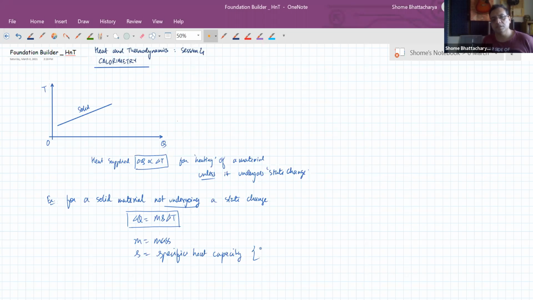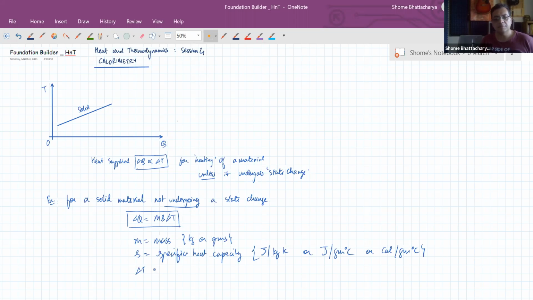So in SI unit, it will be expressed in joules per kilogram Kelvin, or it can also be expressed in joules per gram degree C, or it can also be expressed in calories per gram degree C, whereas this will be in kilograms or grams or whatever.